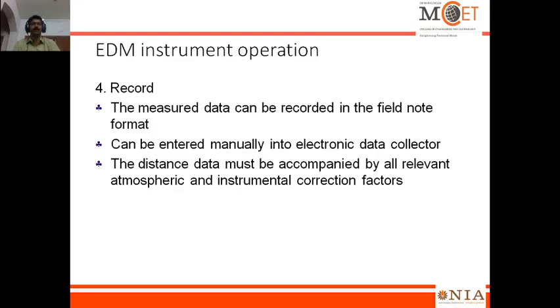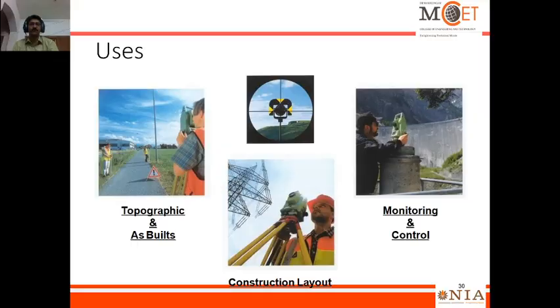The same operation can be done in the latest equipment. The distance must be accompanied by all relevant atmospheric and instrument correction factors. So the users: we can do topographic measurement, as-built surveys, construction layout, monitoring, and control properly.